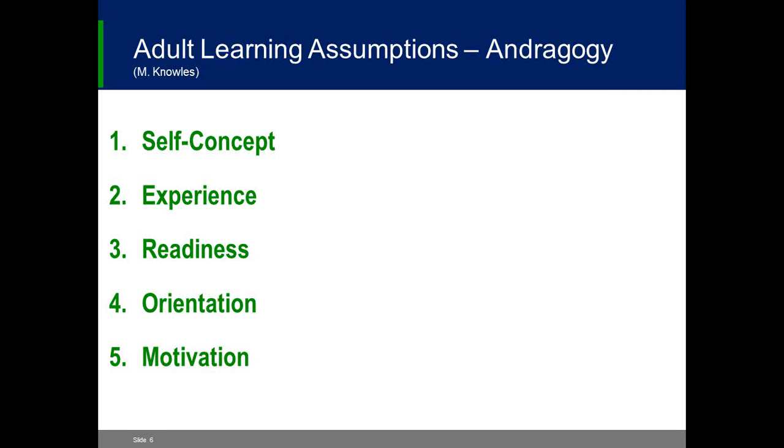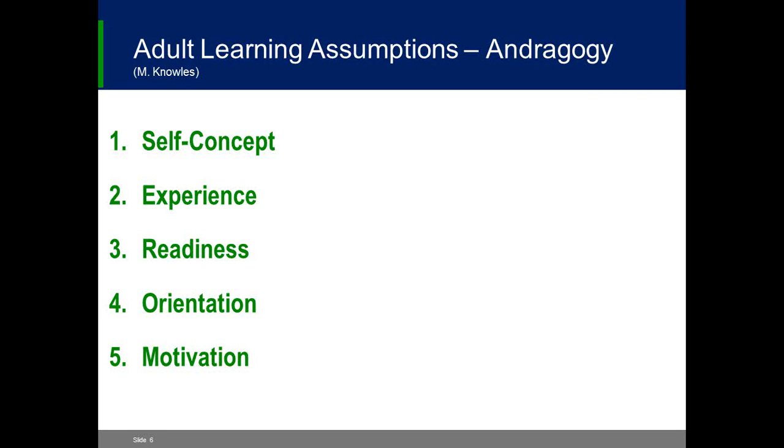So we're looking at Malcolm Knowles, who back in the 80s came up with andragogy, which talks about facilitating the development and implementation of learning activities for adults. So we have the development of the activities, but also the implementation piece, which I think in many cases we have a tendency to forget about.